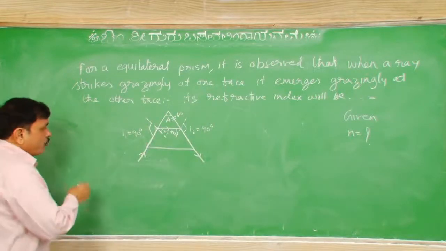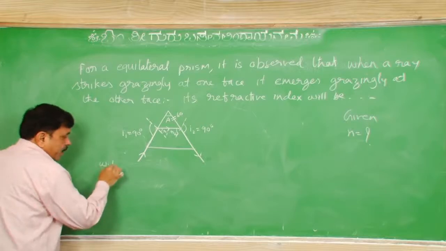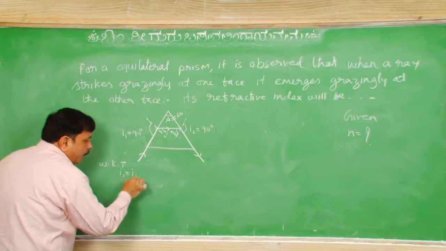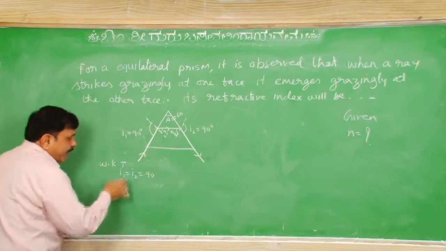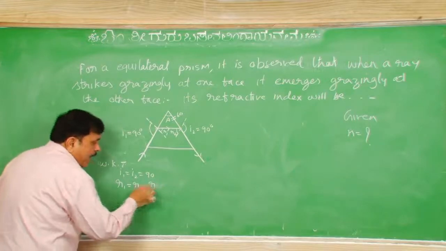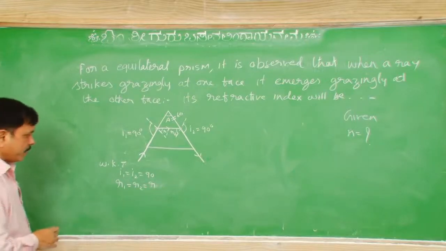Now we know that when I1 equals I2, here 90 degree, then R1 and R2 must also be equal to R.